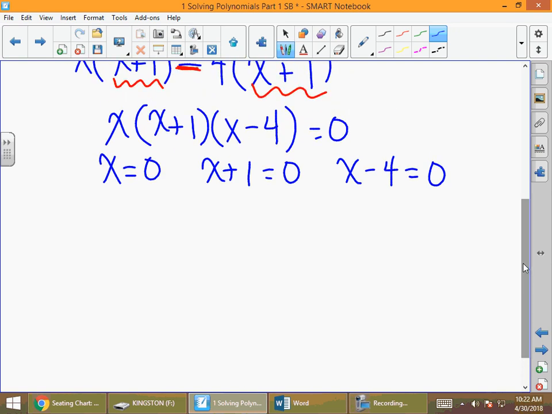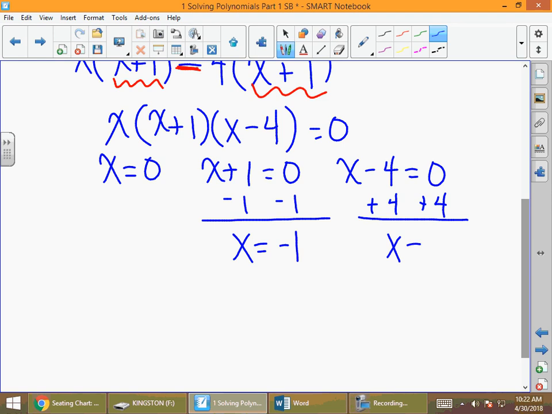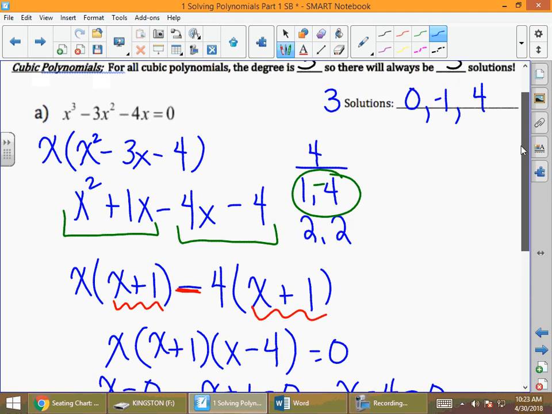So we're going to subtract 1 from both sides. We get x equals negative 1. We're going to add 4 to both sides. We get x equals 4. It's a cubic polynomial. So therefore, we should have 3 answers. 1, 2, 3. And hopefully I wrote them correctly up there.